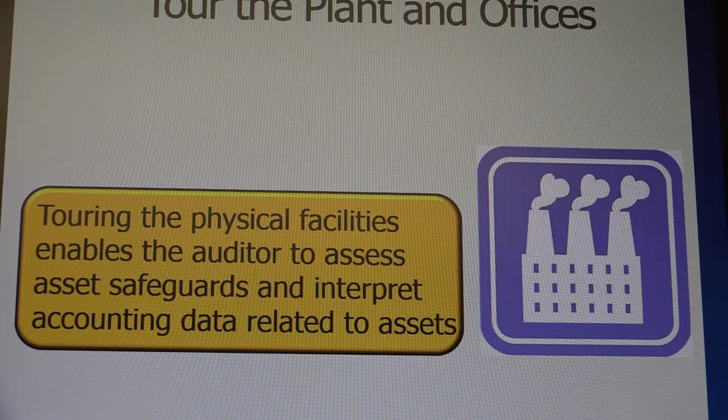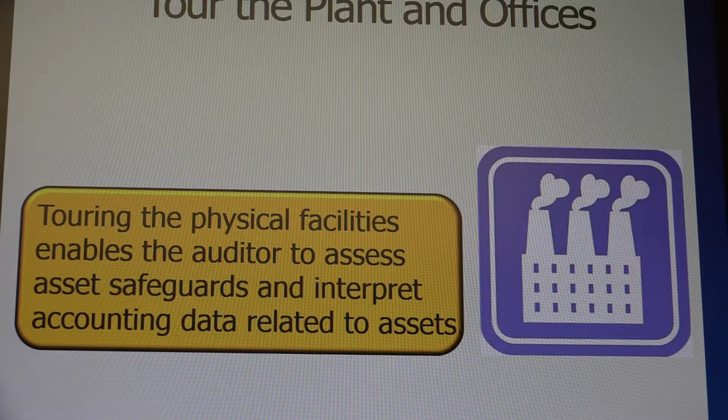Tour the plant, tour the offices. This will give the auditor some idea of how the client does such things as safeguard assets and possibly give them some idea of the processes that occur in the business.